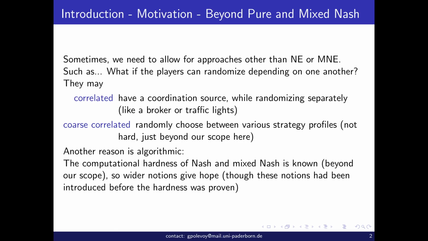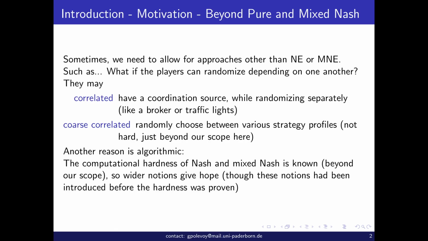So I see some signal, or let's say the broker whispers to my ear some signal, and then I behave in some way, and maybe a different signal is whispered to your ear, and then you behave in a different way. Now those are dependently randomized choices, but each one randomizes separately.